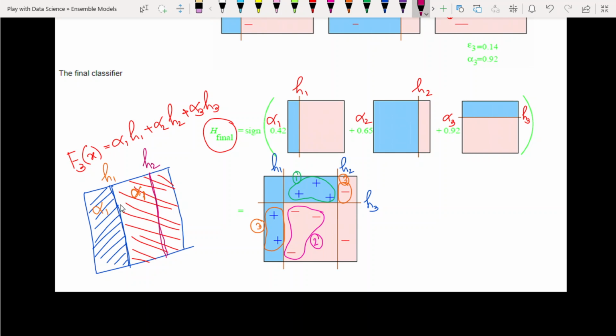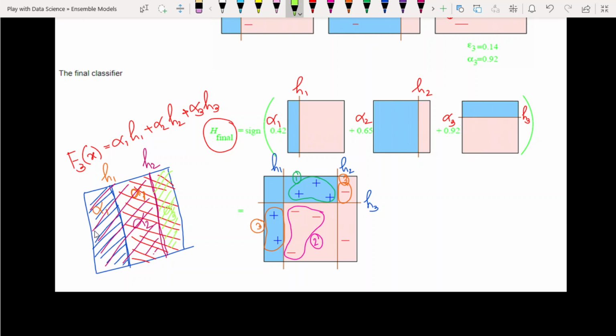H2. In H2 this side, just see the same color. This side is positive points, and its weight is alpha 2, and this side is negative points and it's alpha 2. So we have to decide in H2 the middle region.